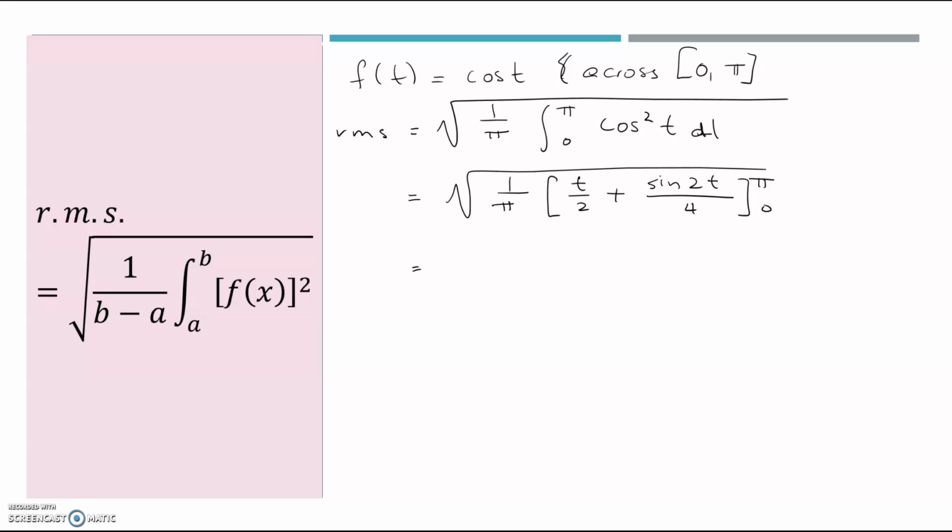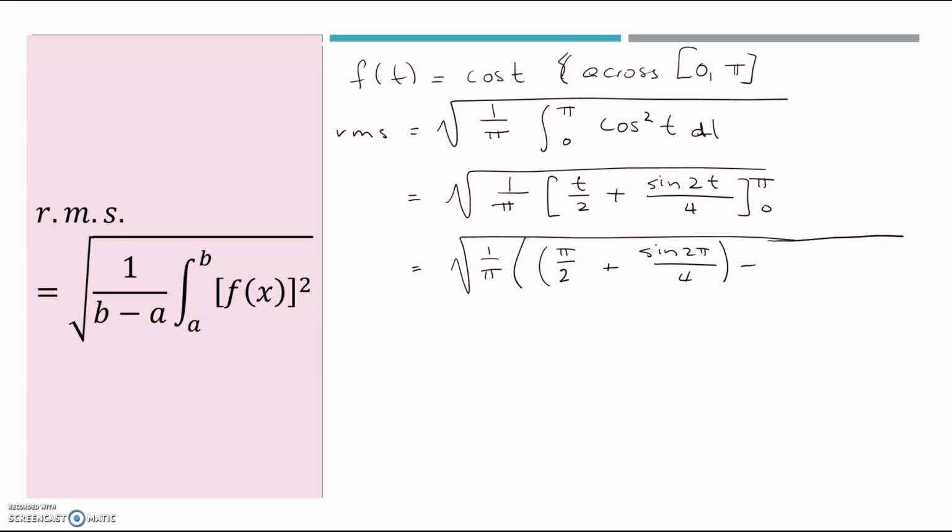And now plugging those values in, 1 over pi stays out the front, and I'm going to bracket my two terms separately. So sine 2 pi over 4 minus 0 over 2 plus 0 over 4.